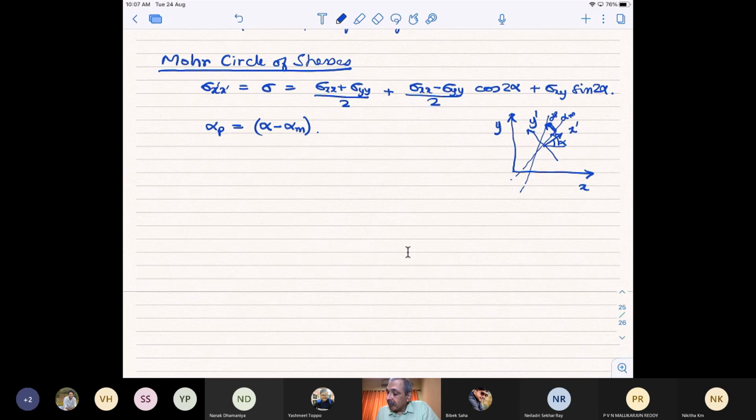So then sigma xx will be sigma max and sigma yy will be sigma min. So when we write this relative to the principal axis, then this just becomes sigma max plus sigma min divided by 2, and this is just, and this is cos of 2 alpha.